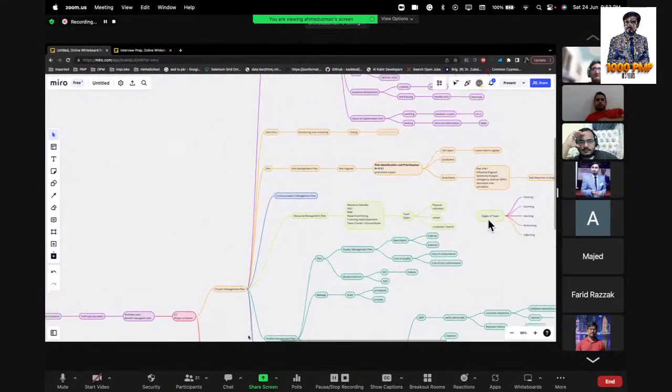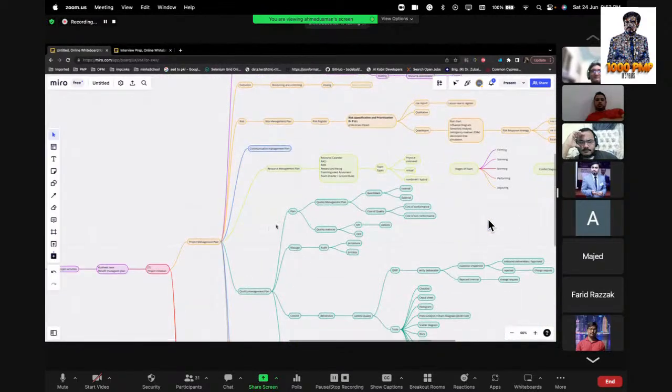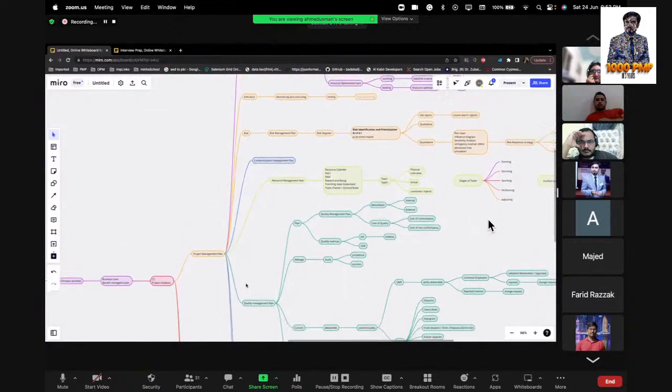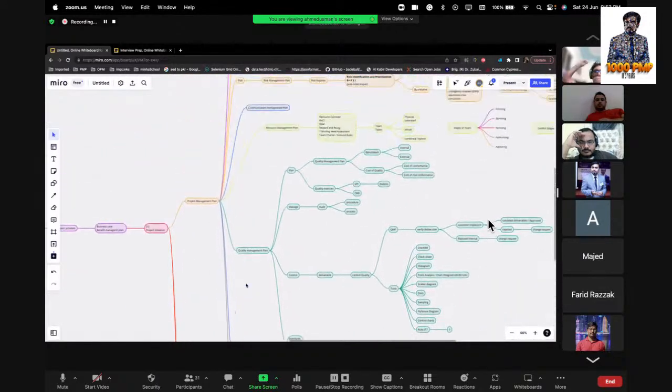Okay, so next is basically the planning phase. Yes, Salman, you want to explain? Let me give you the controls. No, you can keep your control and I can explain. Maybe we can go to the stakeholder management plan and I can explain that, and the remaining group members can explain the rest of the topics. Go down.